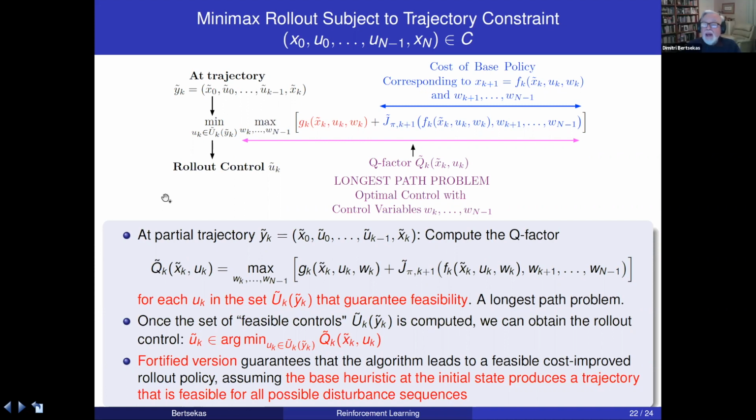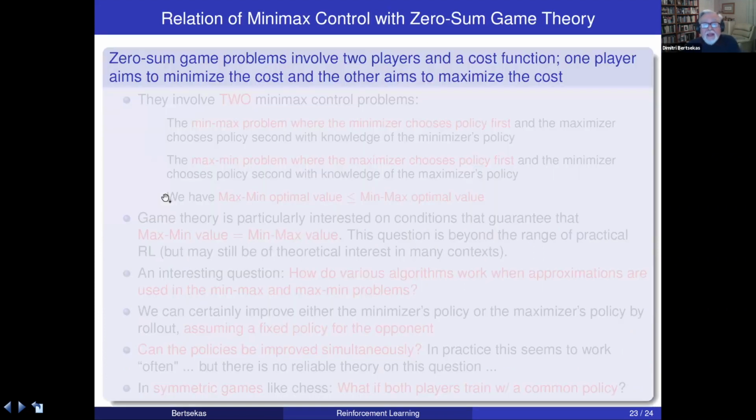So now I have a last slide. What's the relation of minimax and game theory? Usually people talk about games: zero-sum games, non-zero-sum games, or Nash games.